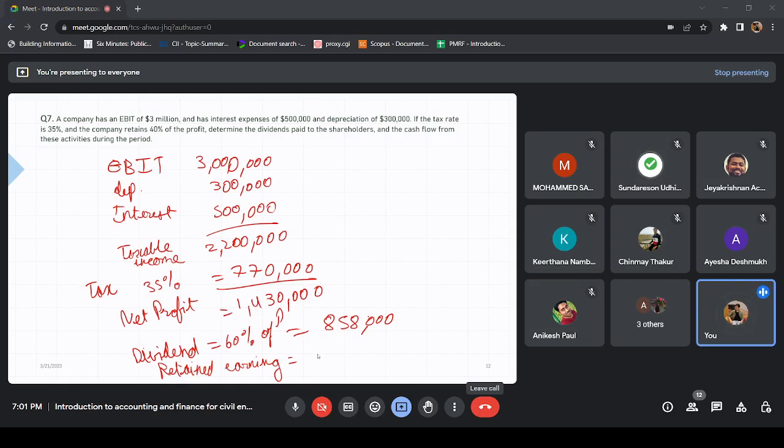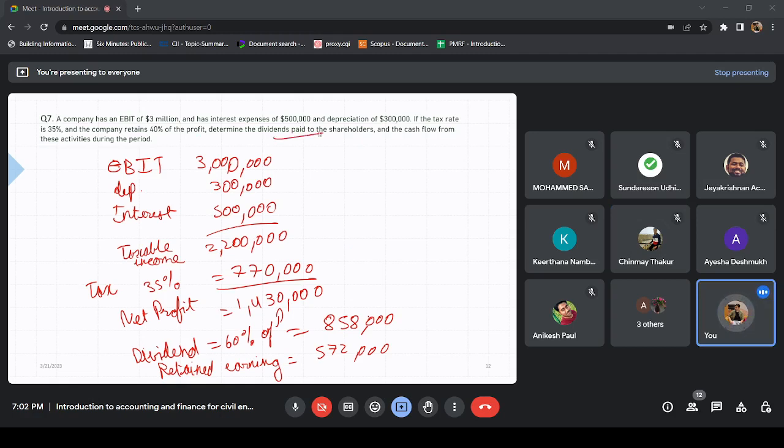Yeah, okay. So you have got, I hope the number of zeros are correct, or have I messed it? It's correct. Okay. So now you have determined the dividends paid to the shareholders.